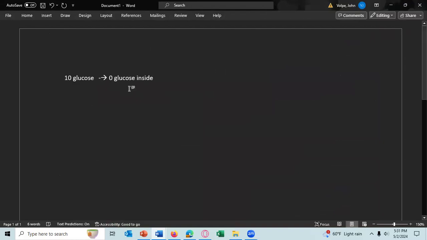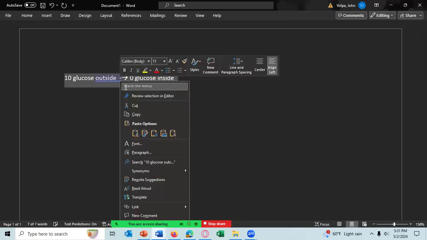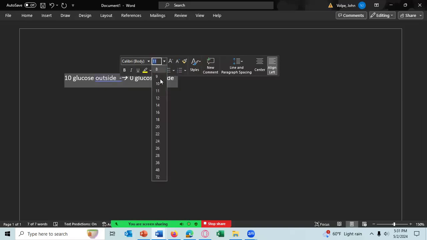I guess I should put outside there. Let me blow that up so you can see it better, especially with the coloring here. It's kind of hard to see.